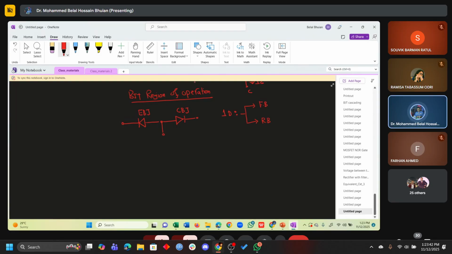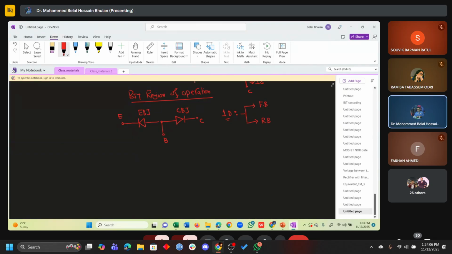How many ways can we do it? What are the possible combinations of biasing? Can anyone tell me? So let's say this is our emitter, this is our base, this is our collector. If you have one diode, there are two possibilities. If you have two diodes, how many ways can we bias both junctions? What are the possible combinations?